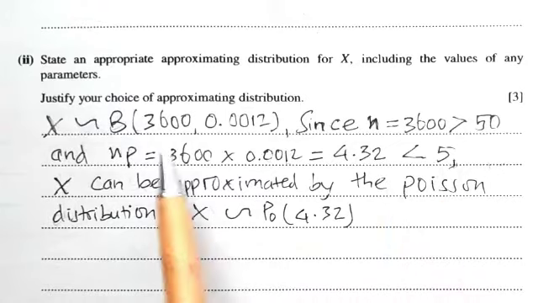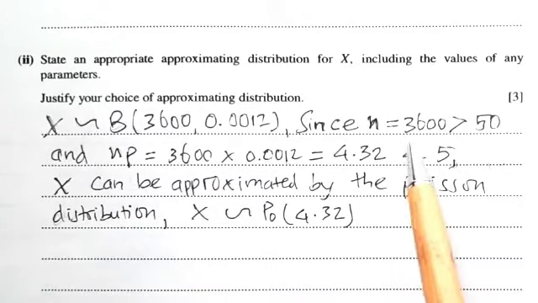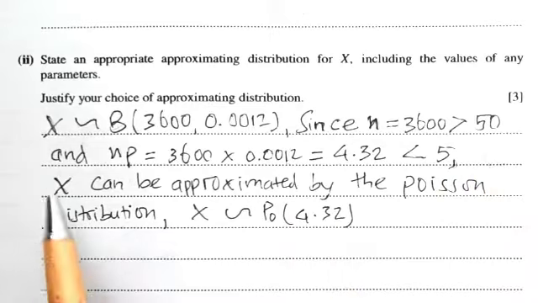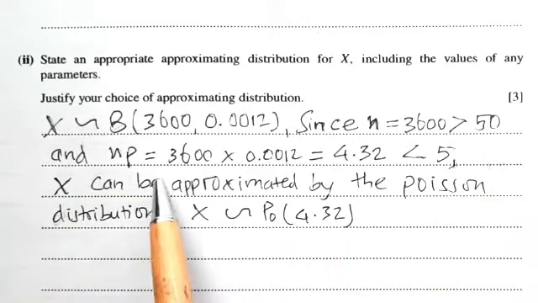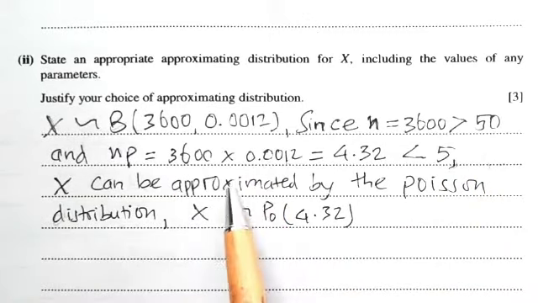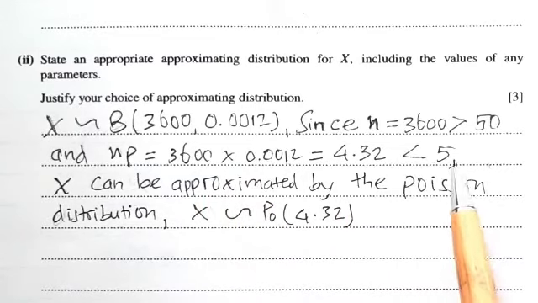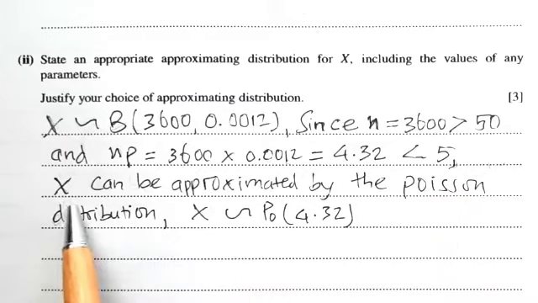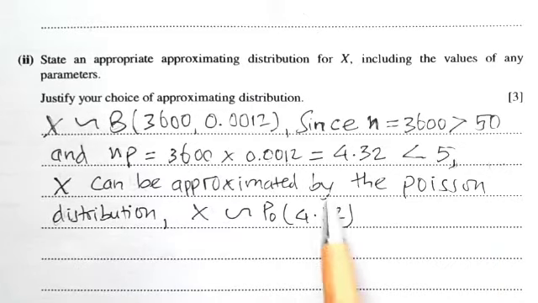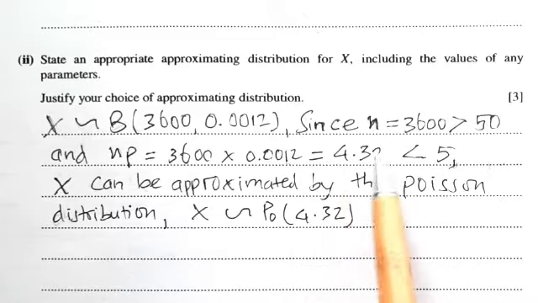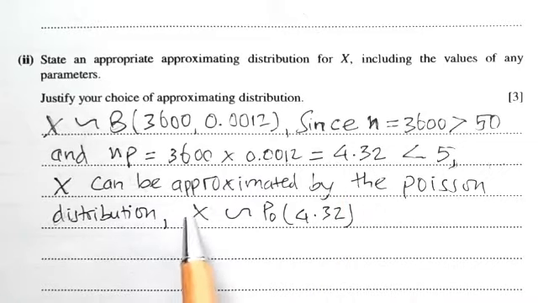Since n = 3600 is more than 50, and n times p, that is 3600 times 0.0012, equals 4.32, which is less than 5, X can be approximated by the Poisson distribution with parameter, that is the mean, np = 4.32. Thus X can be approximated by the Poisson distribution with mean 4.32.